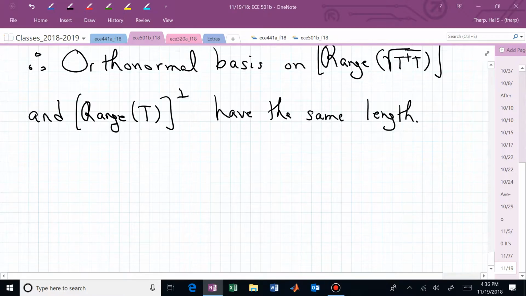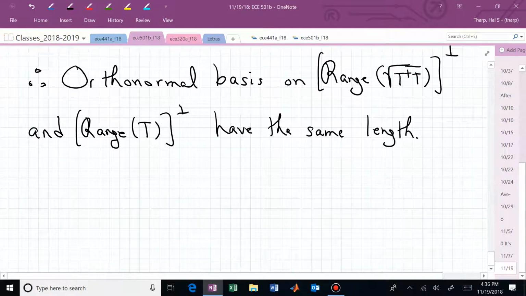So the orthonormal basis vectors may not be the same. So let's choose two different orthonormal bases for these two subspaces.